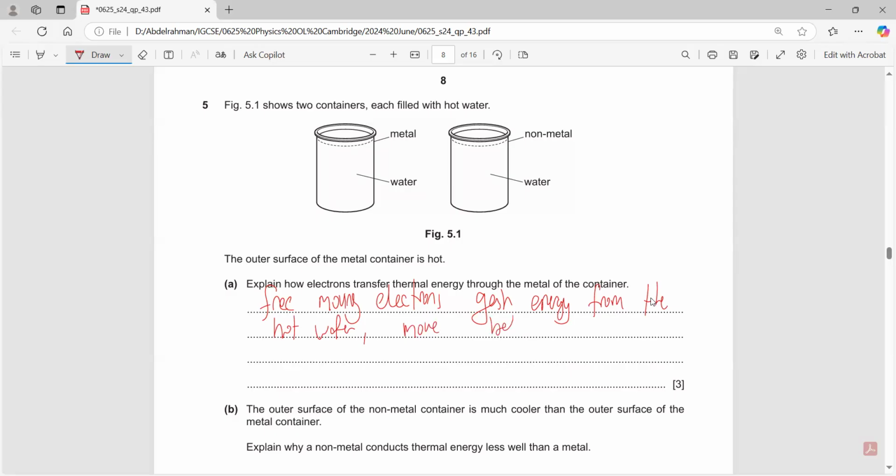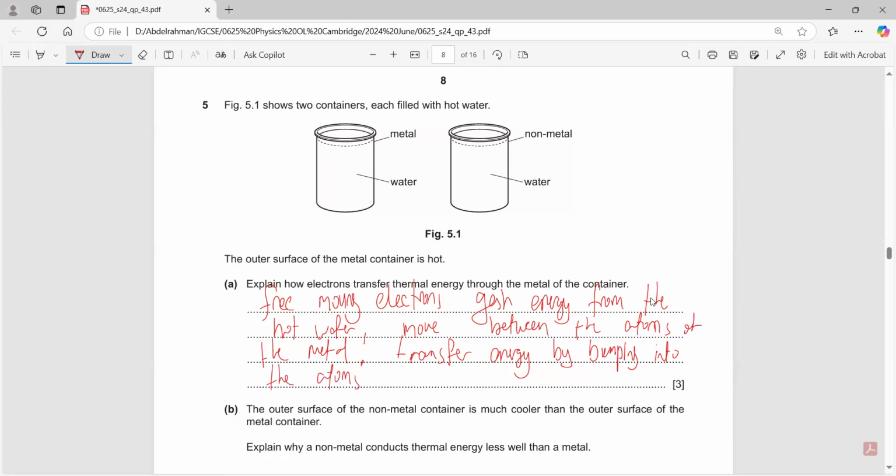They move between the atoms of the metal and conduct or transfer energy by bumping into the atoms.